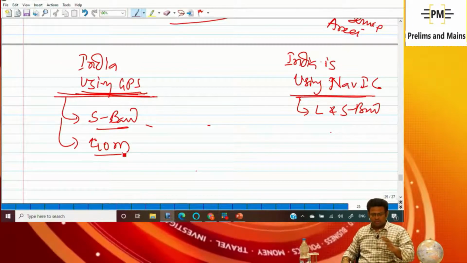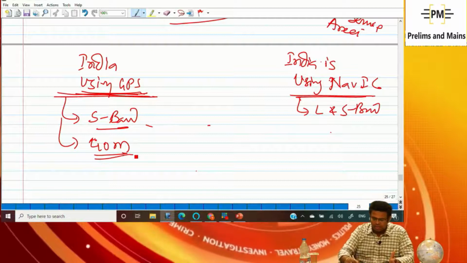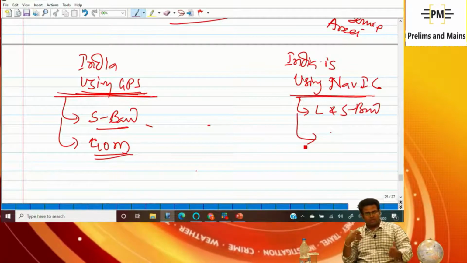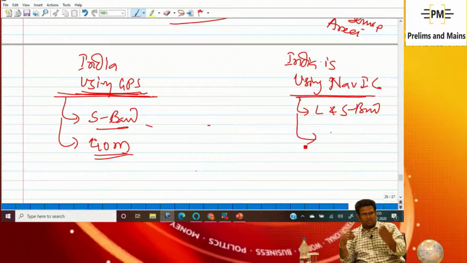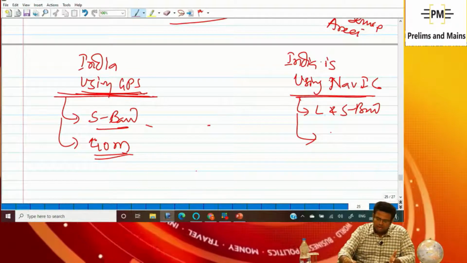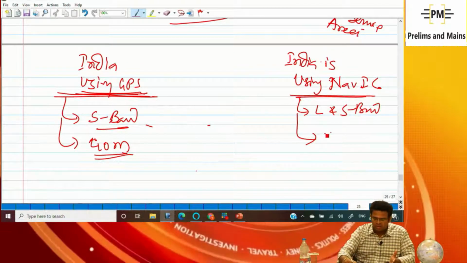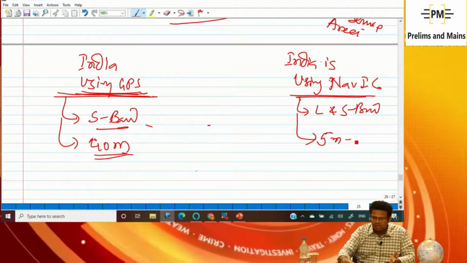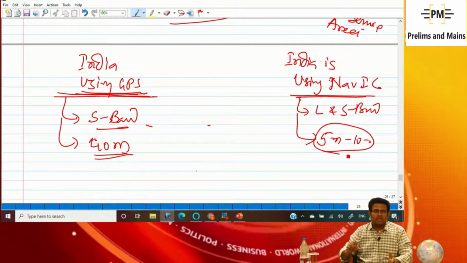That could be a possibility. But in case of India, if the Uber in your mobile shows the car has reached your home, then even if there are small changes, you will see differences of only 5 meters, 10 meters.